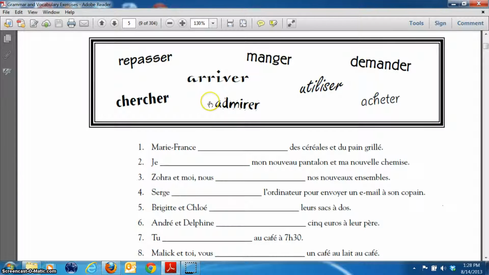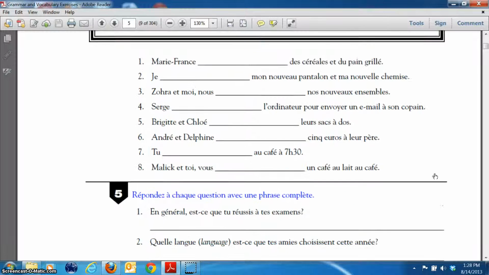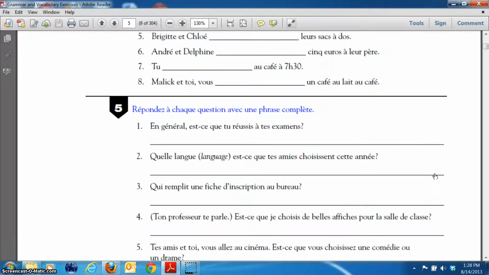Well, what could she do with cereal and toast? So let's see. Well, she could probably eat them. So we're going to use the verb manger. So we take off the ER, and then we're going to write in the blank, Marie-France mange. So we're going to say M-A-N-G-E, for example. Okay? All right, so you can do the rest of those.